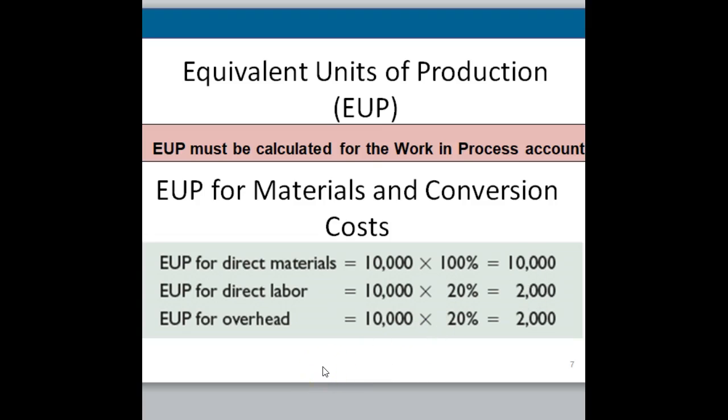Same thing for overhead. We have 10,000 pieces or 10,000 products, but they're only 20% costed or complete. So when I go to look at the equivalent units, I only have 2,000. That kind of makes sense.